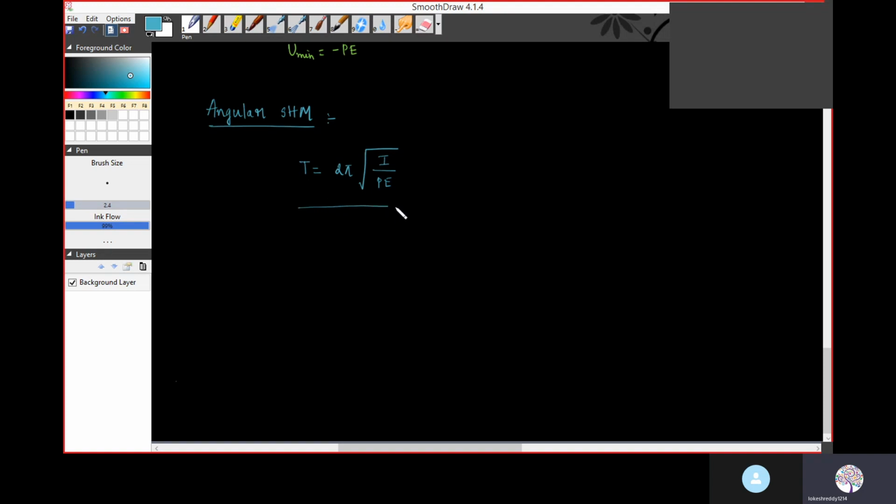This is angular SHM. So from its equilibrium position, if it is slightly moved, it will oscillate with the time period T equal to 2 pi root of I by PE.